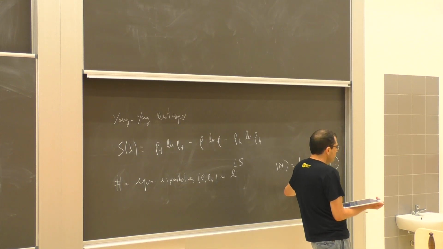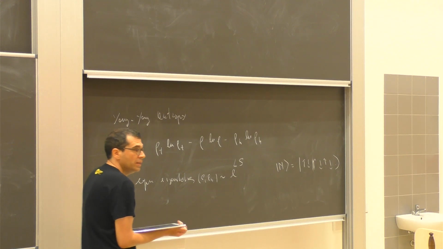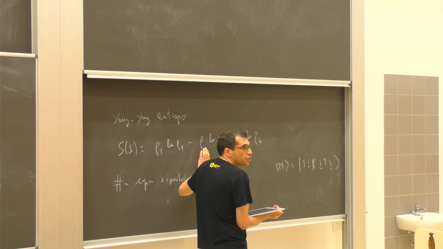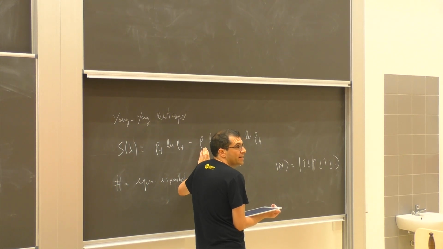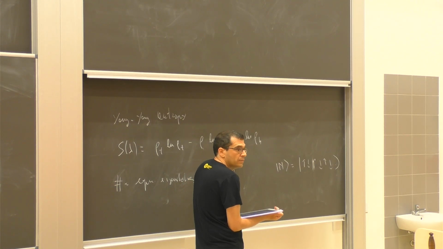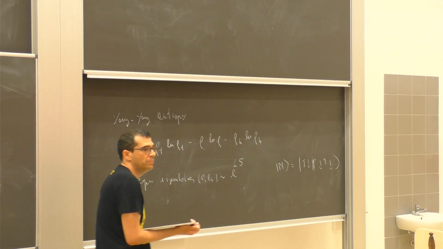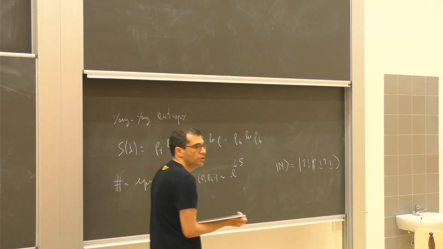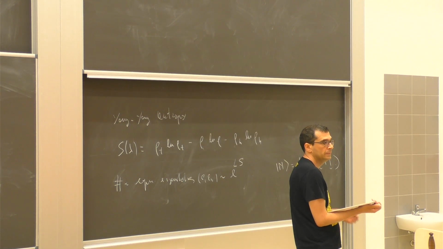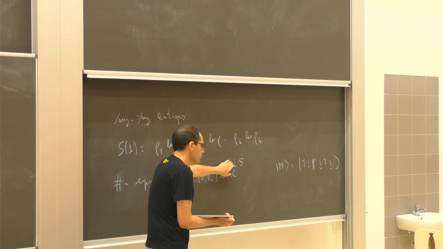Because the model is integrable, remarkably, you can construct a GGE which is defined by these densities rho and rho hole. You can construct analytically the rho and rho hole that correspond to the steady state, to the GGE that describes the steady state. And from there, you can also construct the entropy, of course.